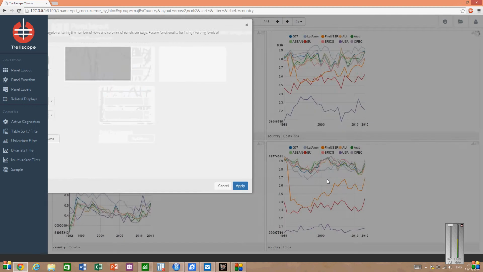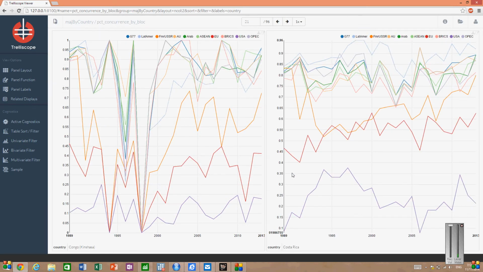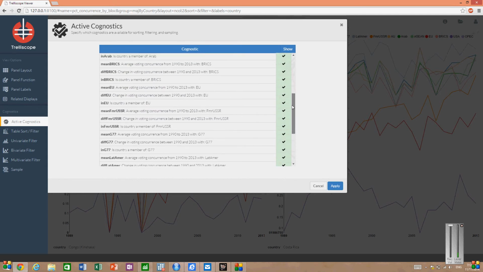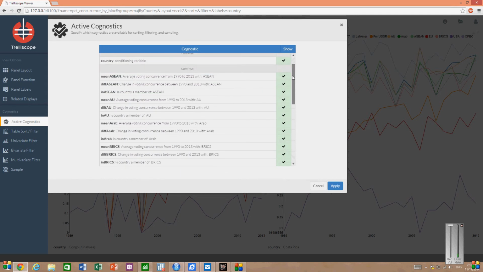The power of Trelliscope, as opposed to a simple trellis display, is in the cognostics, or cognitive diagnostics. These allow us to sift through the data and filter through the data in interesting and meaningful ways, particularly valuable considering the vast breadth of the data that we're dealing with.